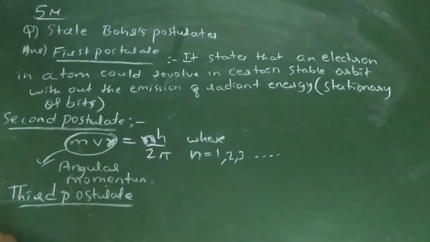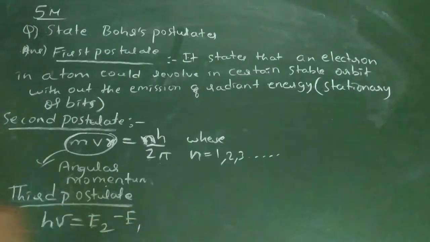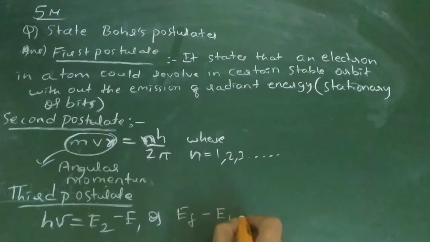It says that any electron revolving around the orbit, if it jumps from a higher energy state to a lower energy state, or you can write EF minus EI, where EF is the final orbit, which is the nearest inner orbit, and initial is the outer orbit.